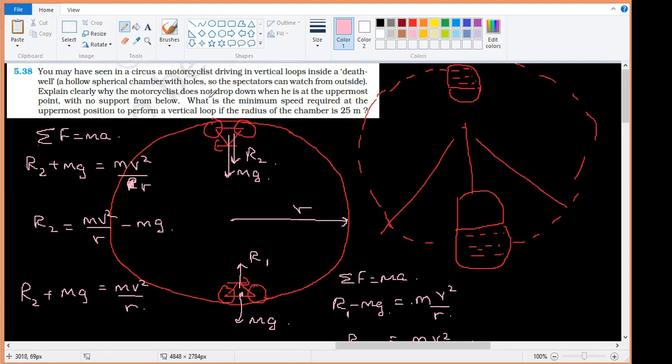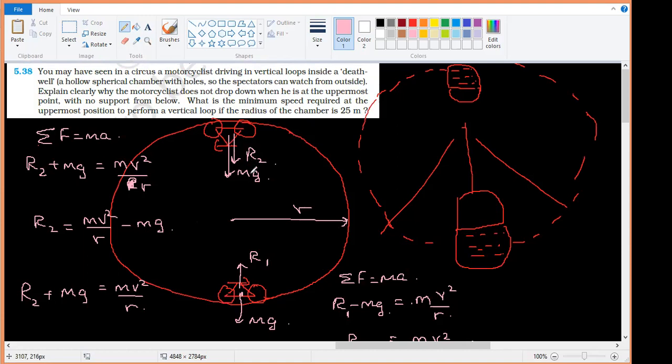Explain clearly why the motorcyclist does not drop down when he is at the uppermost point with no support below. So the explanation which we gave earlier is the same thing. If you have enough speed, then the centrifugal force is equal to the centripetal force, which means this will make it stick to the surface here.